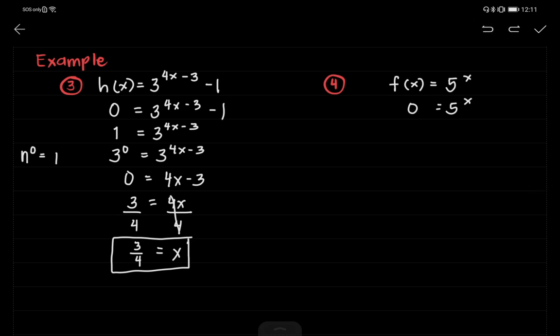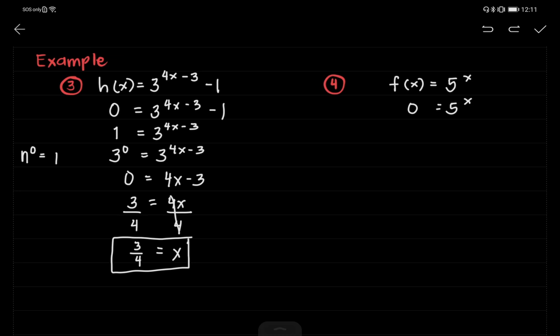So, halimbawa, 5 raised to 1 is just equal to 5. 5 raised to 2 is 25. Okay? So, dito, wala tayong mahanap na any value ng x na kung saan pag ilagay natin siya sa exponent, mag-i-equal siya sa 0. So, ano ang conclusion natin dito pag ganito?